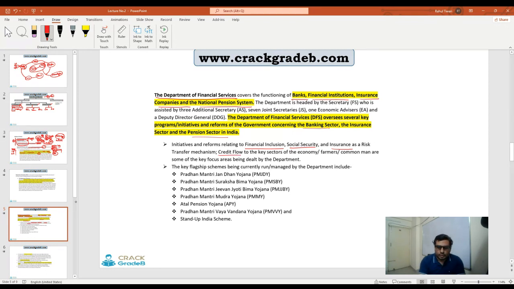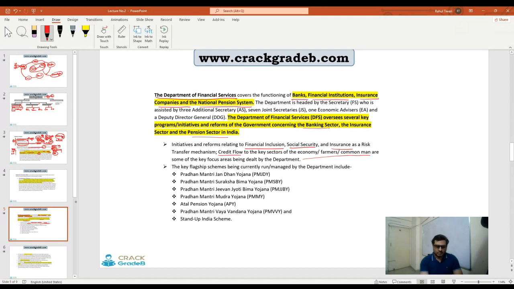Credit flow, economy, farmer, common man, everything related to the common man or farmer, and related to finance, in terms of bank, insurance and pension, comes under the Department of Financial Services. That is why it is also responsible for the proper implementation of some key schemes.